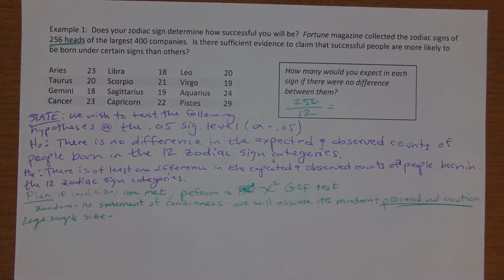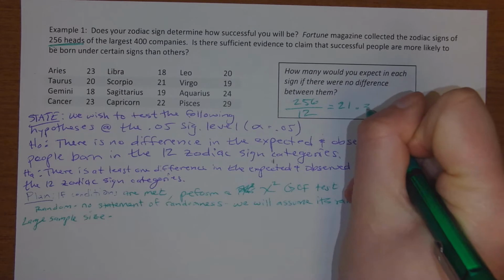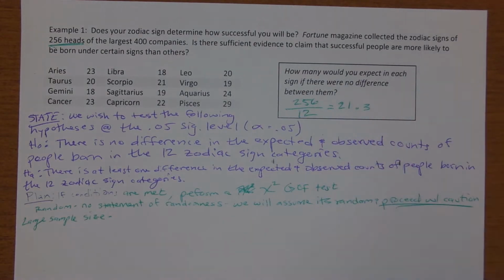So we would just take the total number divided by 12 because we're assuming there's no difference based on the zodiac sign and how likely you are to be the head of a company. So 256 divided by 12 is a calculator job. And we get 21.3 repeating.